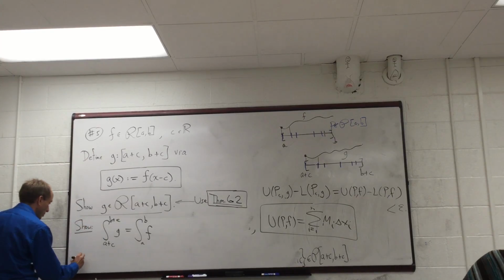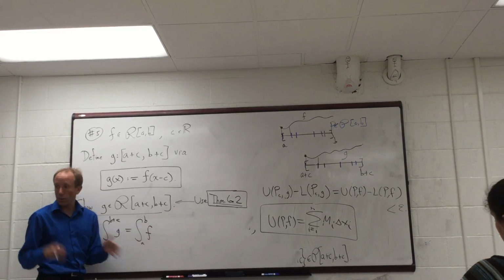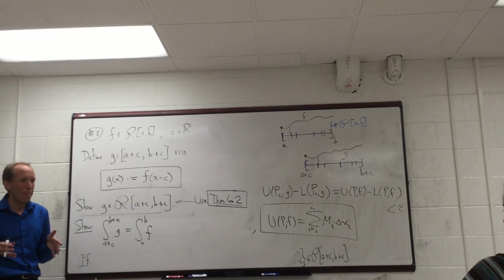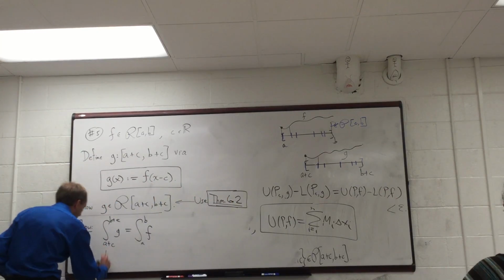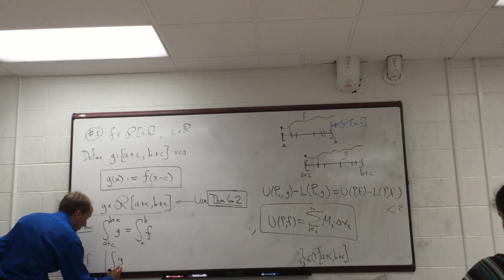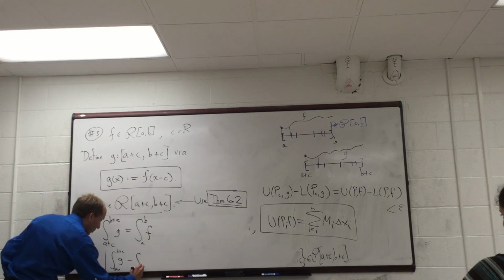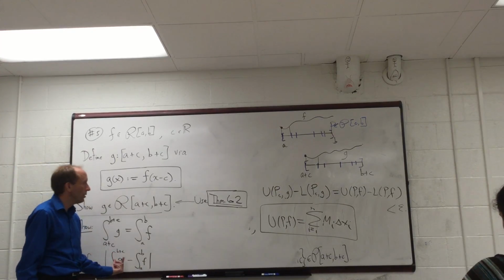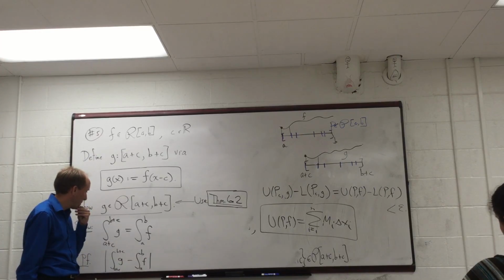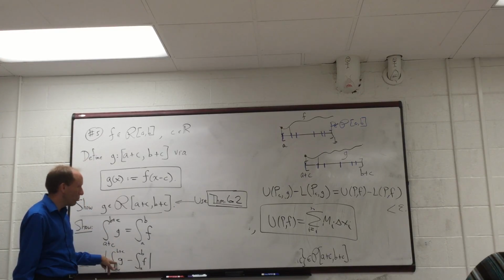Essentially what you want to do is subtract them and look at the absolute value of the difference. So if we look at the integral of g from a plus c to b plus c, and we subtract the integral of f from a to b, if we look at how much that is, well, both of these numbers are between U(P,f) and L(P,f).